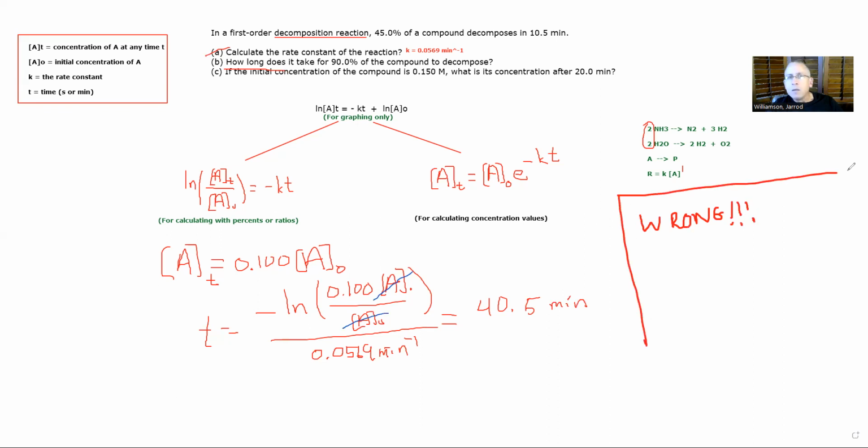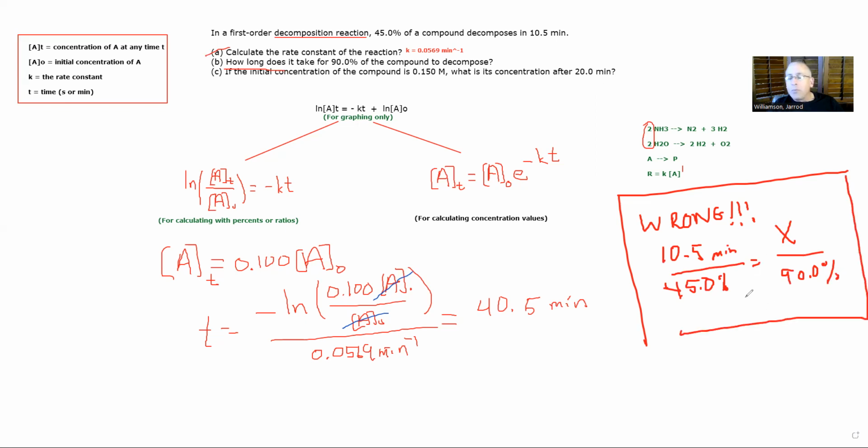They'll go 10.5 minutes over 45% is equal to X minutes over 90%. And then they'll solve for X. This is ratio and proportion. This is wrong. Don't do this.